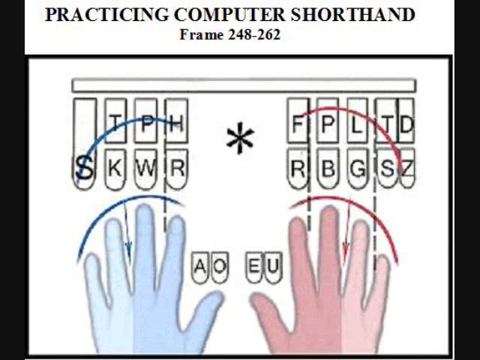Shall I? Shall you? Shall he? Shall she? Shall it? Shall we? Shall they? Shall this?